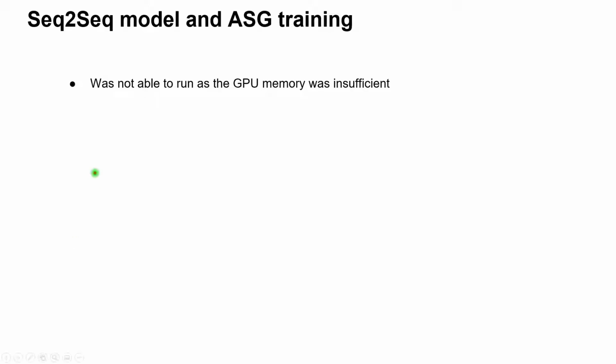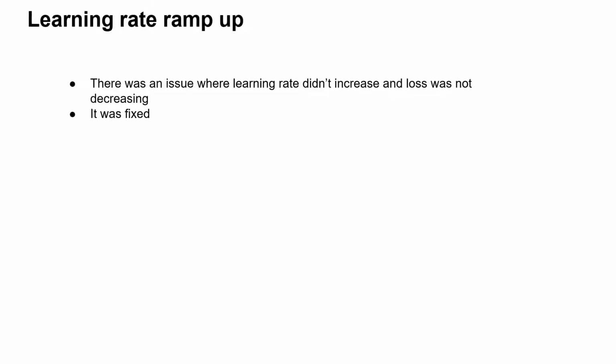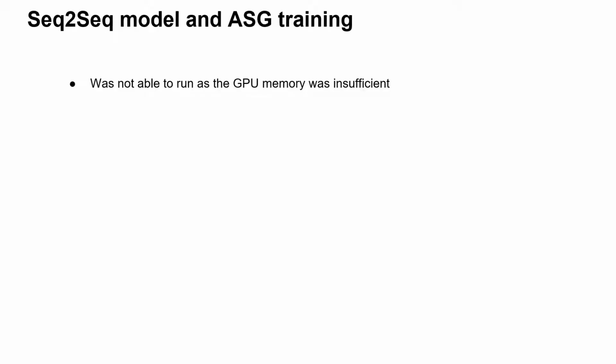For seq2seq, as I mentioned earlier, on top of CTC there was one more decoder layer applied, but because I was running on a GPU which didn't have enough memory, I was not able to do that experiment. Similarly, the ASG criterion instead of CTC, which was also shown in the paper to give improvement, required a larger batch size, and because the memory wasn't enough, the batch size could not go higher. So I was not able to perform these two things because of memory. But in case you have systems with higher memory, you could do it.